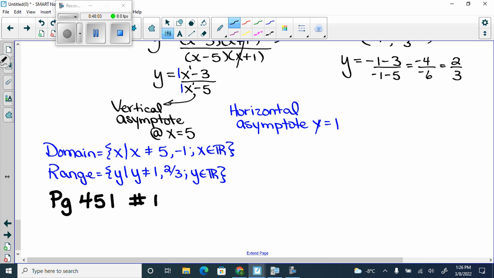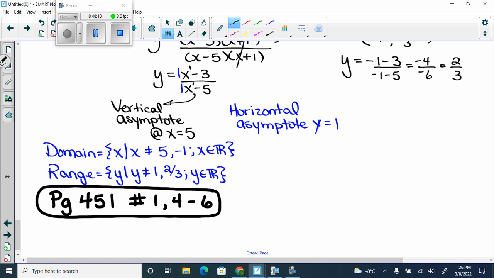And then 4 to 6. 5 and 6 are matching. So the hardest part of 5 and 6 is factoring.